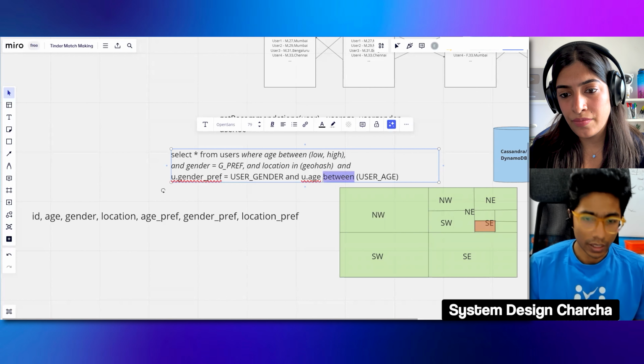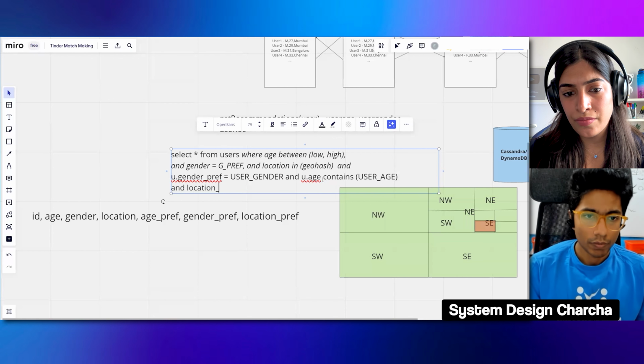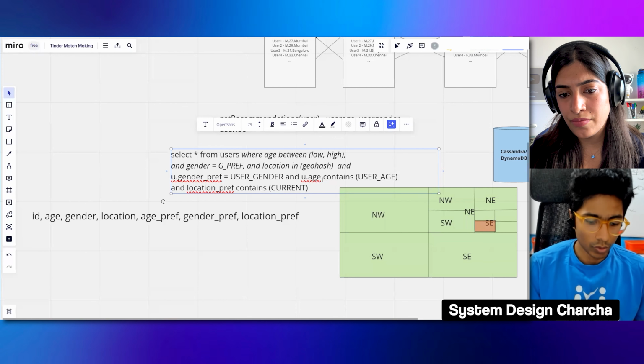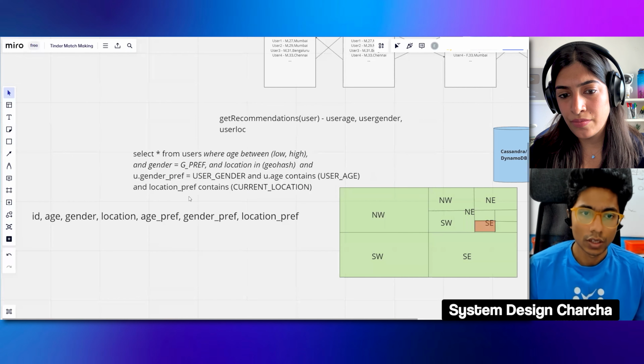I'm not writing perfect SQL here, I'm just making sure that things make overall sense. And location pref contains current location. Everything in caps is what we are passing into our SQL function.